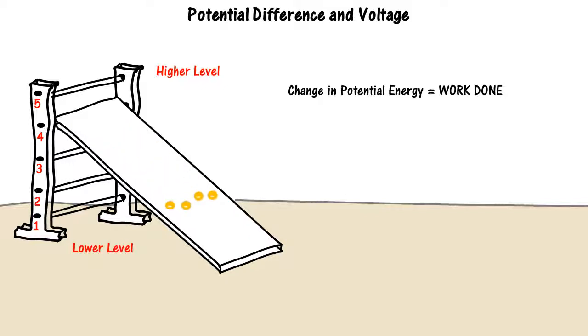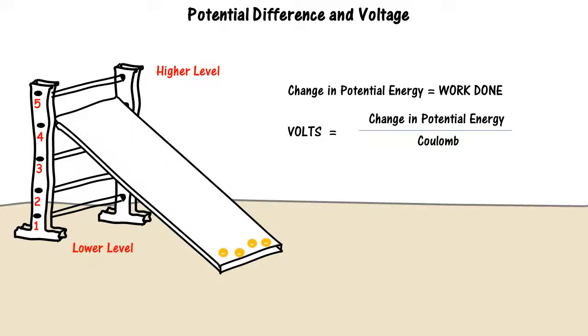So when electrons flow from the lower potential to the higher potential, there is some work done. There is a change in potential energy, and that is equal to the work done. And volts is defined as change in potential energy per coulomb. So remember, 1 coulomb is 6.2 into 10 raised to power 18 electrons.